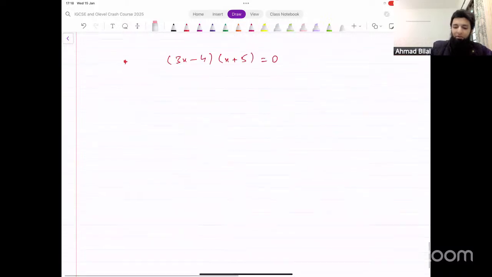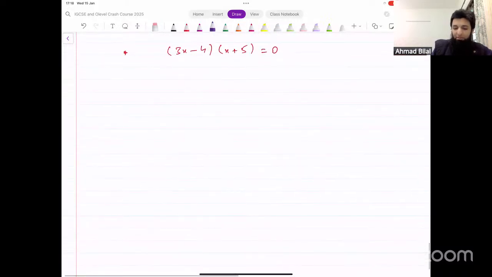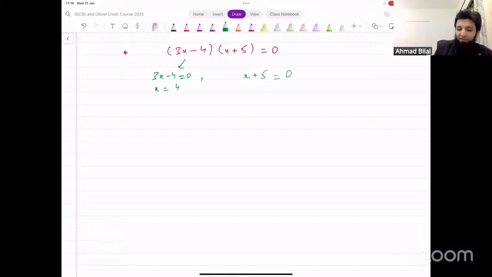You say, okay, either the left-hand side is equal to 0, which means 3x minus 4 is equal to 0, or x plus 5 is equal to 0. The first one gives you x equal to 4 over 3, and the second one gives you x equals minus 5. And these are going to be answers to this equation. Okay.